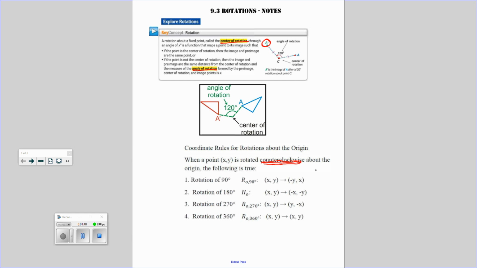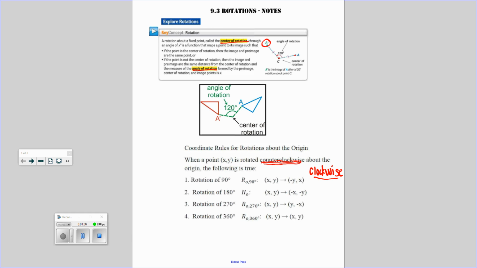We're also going to talk about what that would look like clockwise. Everything that is counterclockwise has a counterpart that is clockwise.